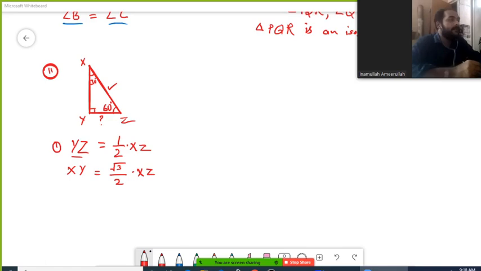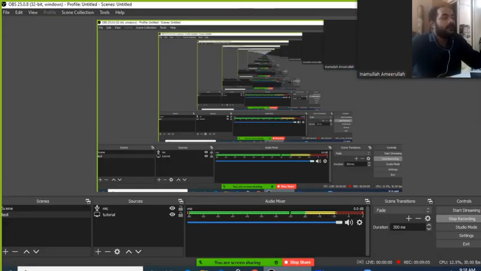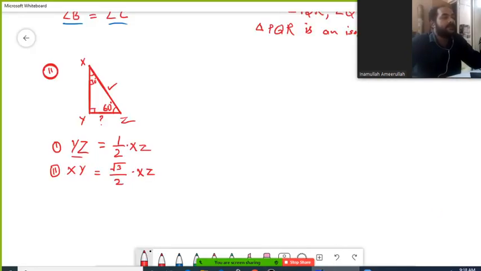Same way, the second part of this theorem says the length of XY is actually root 3 by 2 times of the hypotenuse. Then again the same question arises, why is this XY root 3 by 2 times of XZ? XZ is the hypotenuse.